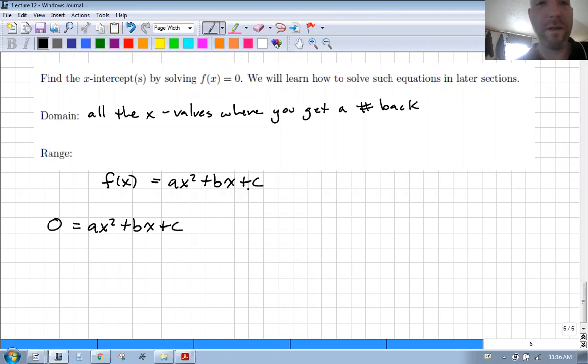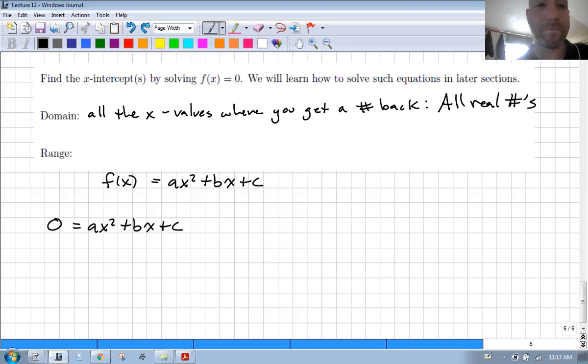Okay, so the domain for this guy is all real numbers. You can plug any number you want in here for x. You can plug a negative number in, you can plug a positive number in. It doesn't matter. You square it, multiply it by a, multiply it by b, and add that to c, add all that together, you're going to get a real number back.